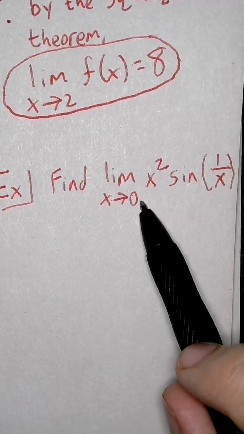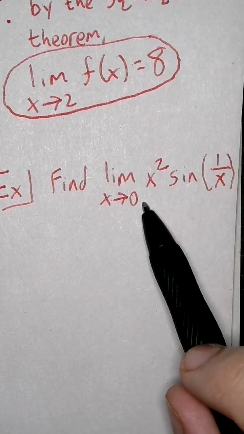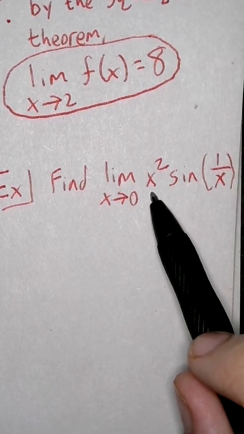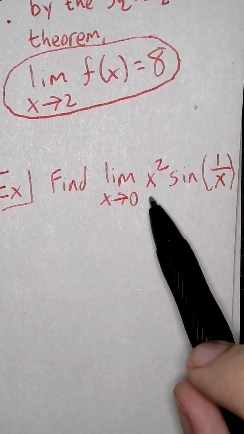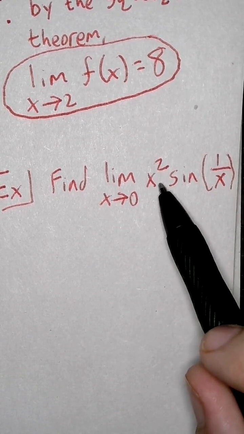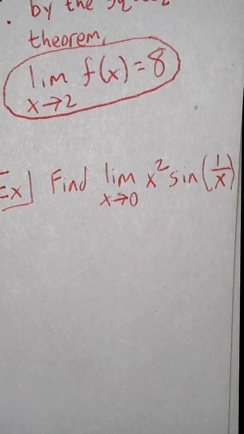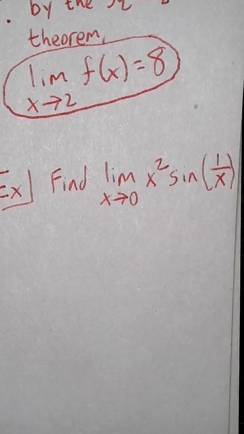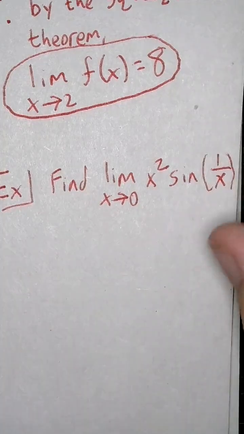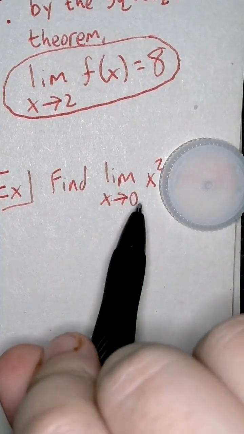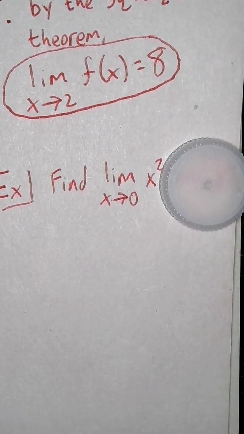By that I mean, is there an absolute minimum and an absolute maximum to x squared? Or is it unbounded? So we'll forget about that for a moment and just focus on x squared. Is it bounded or unbounded?